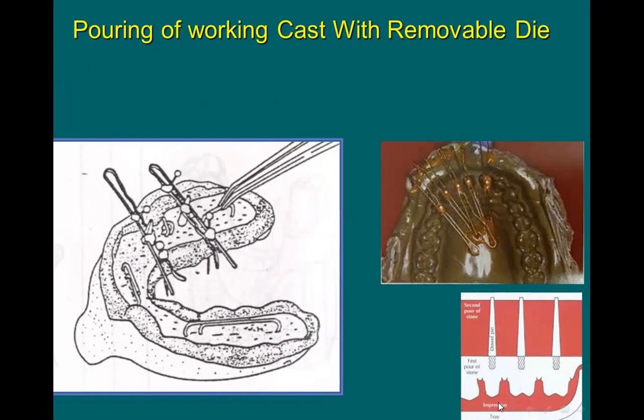You can see that the dowel pin is seated in the center and will be away from the impression material, and for each individual prepared tooth a single dowel pin is used. You can see in the upper picture we have 5 dowel pins for 5 teeth prepared in this impression material.